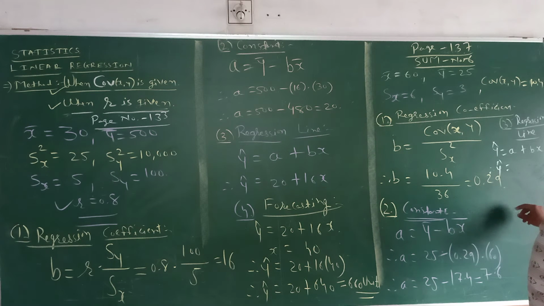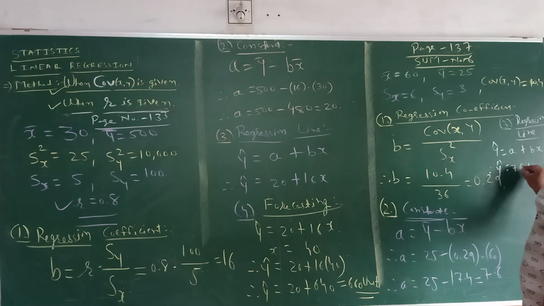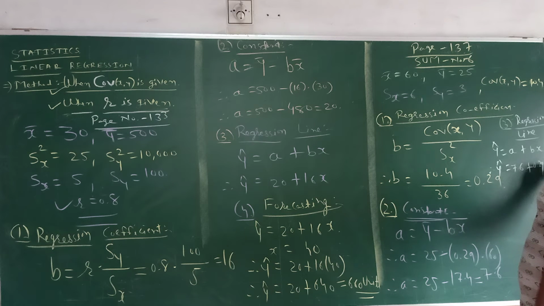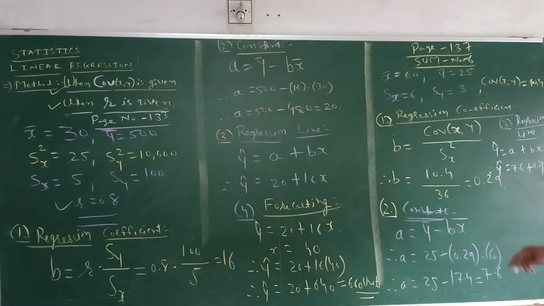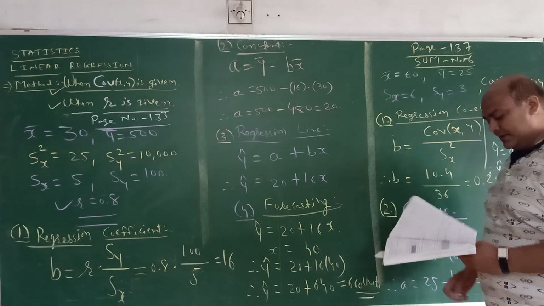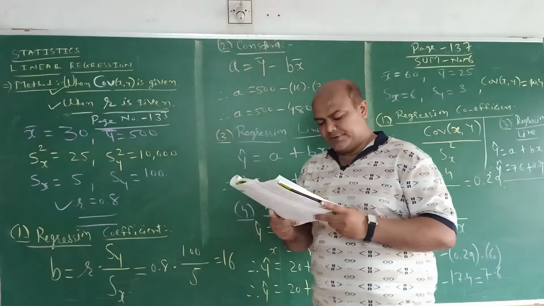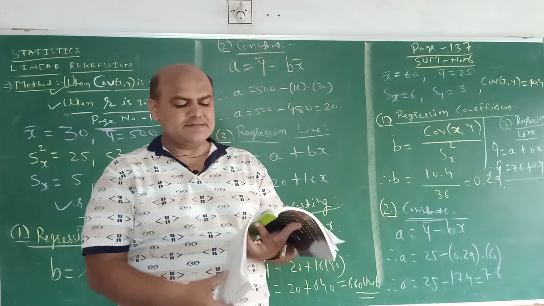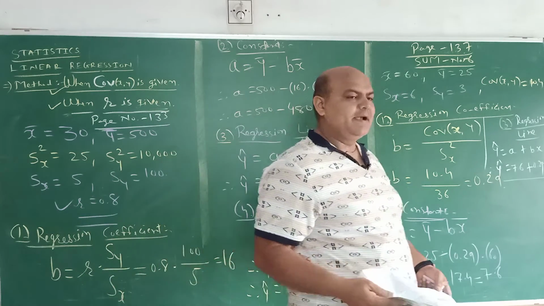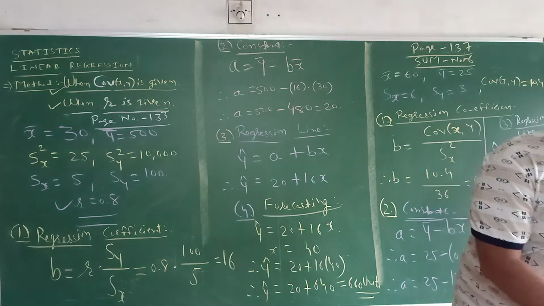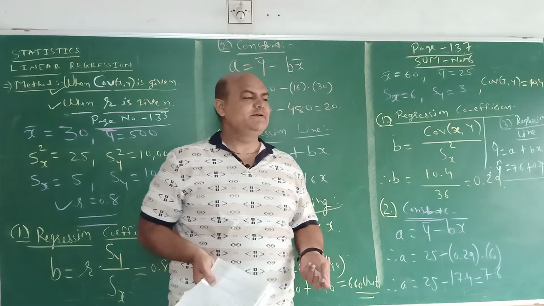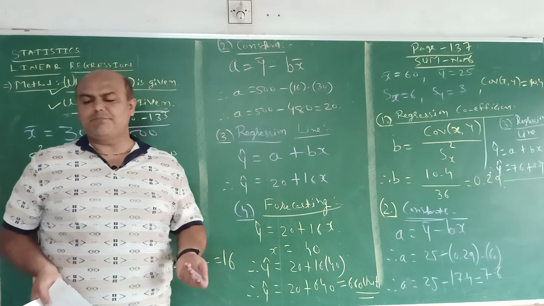A is 7.6 plus B is 0.29, so 0.29x. Third step is ready. Now if they ask us to do forecasting, then we have to do it, otherwise the sum is over. In this particular sum there is no forecasting. No value of x is given, so we do not have to do any type of forecasting.